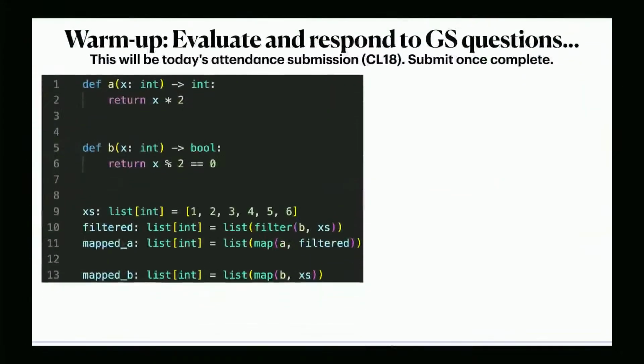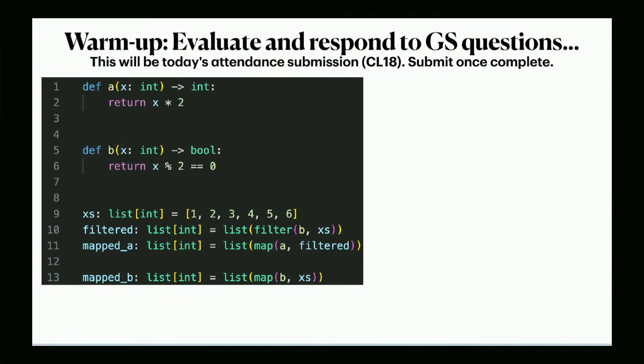So without further ado, I want to turn it to a warm-up question, and this one I want to stress the intention here is not to diagram. We've learned about these higher order functions, filter and map. And the question that I want you to wrestle with here is these are actually the functions that are built into Python.